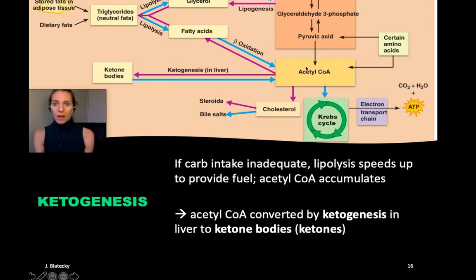Okay. And so if your carbohydrate intake is inadequate, intentionally or not, lipolysis, so this whole process speeds up to try to provide the body with the fuel, with the glucose that it's not otherwise getting. And in doing so, what you see happen is acetyl-CoA builds up. One of the reasons that it builds up is there's an important intermediate here.